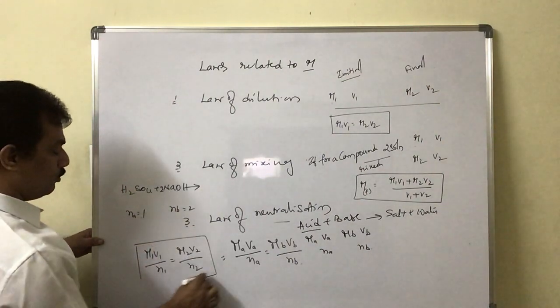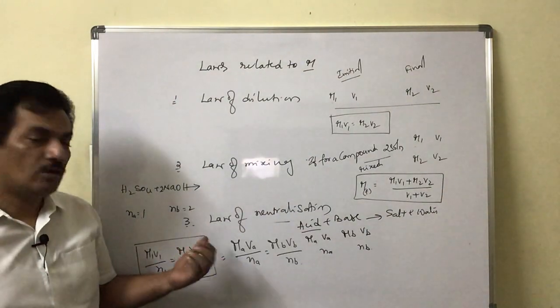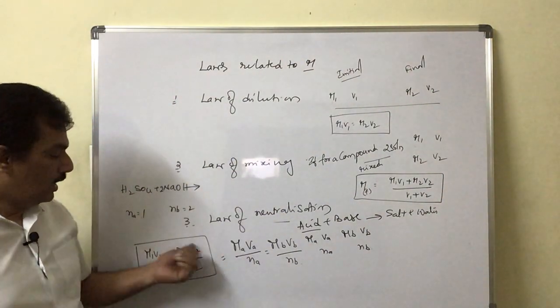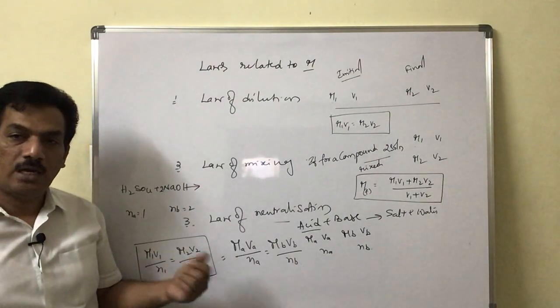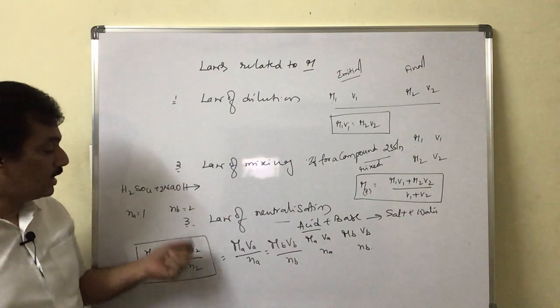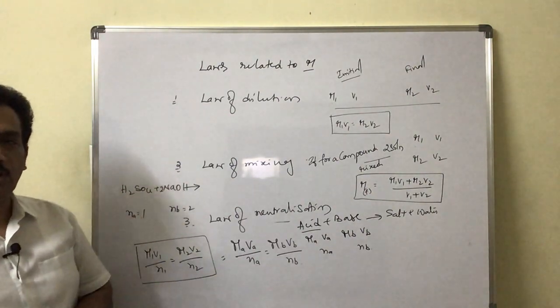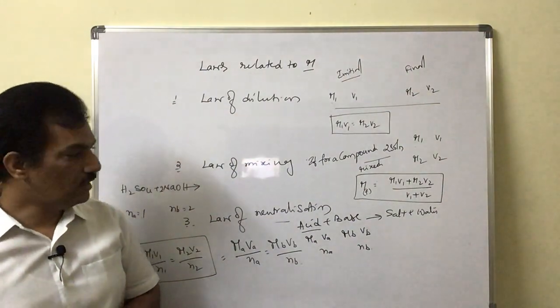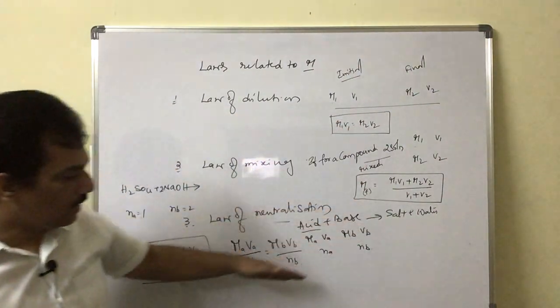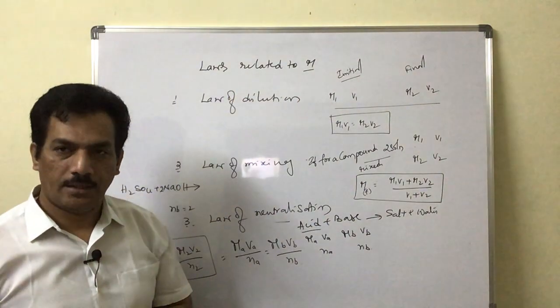Here M1 and V1 are the molarity and volume of acid, and M2 and V2 are the molarity and volume of base, or vice versa. And N1 and N2 are the coefficients used to balance the equation in neutralization. Clear? These are the three formulae related to the laws of molarity.